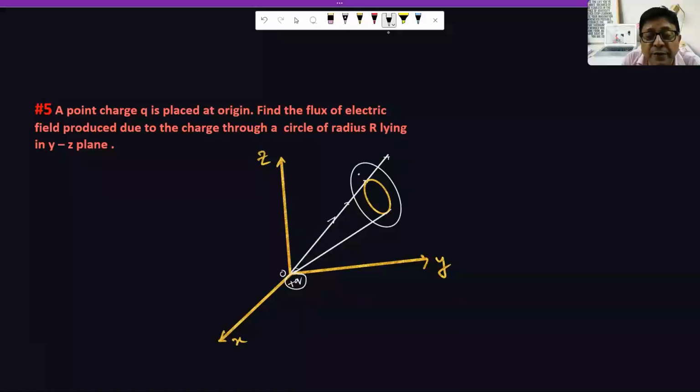Here also the field is directed in this manner, radially outward. So this is our elemental portion.